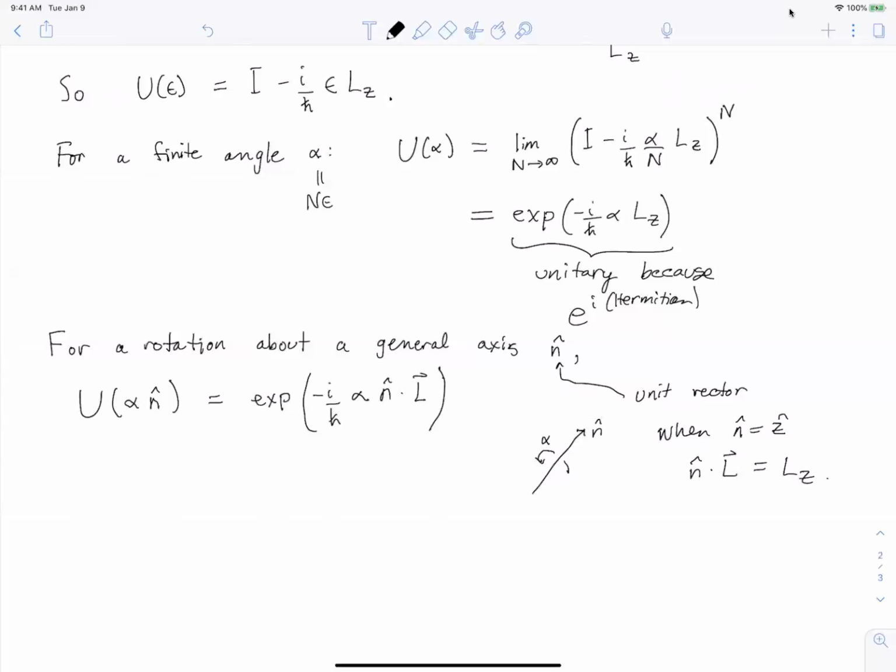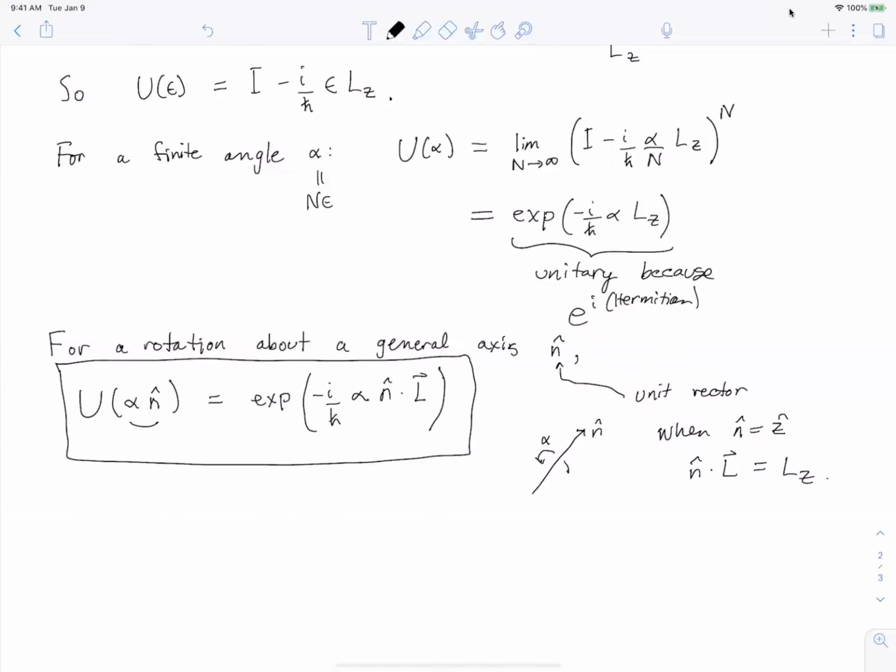But now what we've got here is a formula that tells us how we can make an operator that does the unitary transformation, a unitary change of basis, to rotate around any direction that we want. It depends on the angle as a vector here, because the direction of it is telling us what axis we're rotating around, and the magnitude is telling us how far we're rotating.